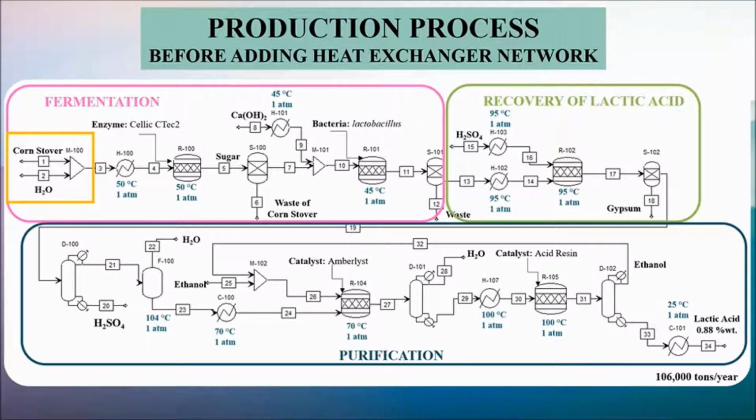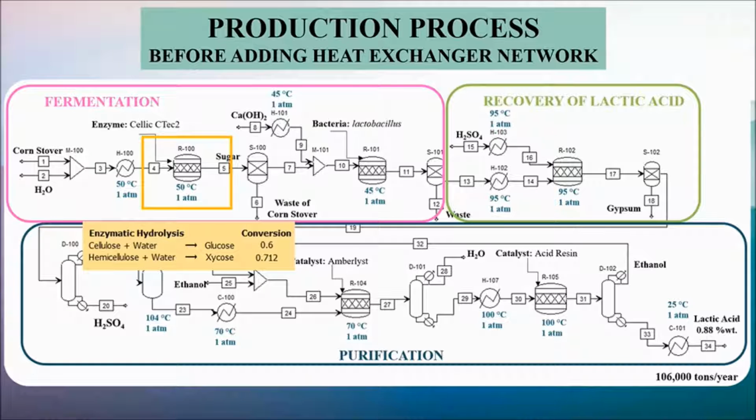Both streams are mixed and heated to 50 degrees Celsius at atmospheric pressure and enter the reactor R100 with the enzyme, causing an enzymatic hydrolysis reaction. Cellulose and hemicellulose in corn stover are reacted with water and converted to glucose and cellulose. The remaining corn stover residue is separated in stream 6.